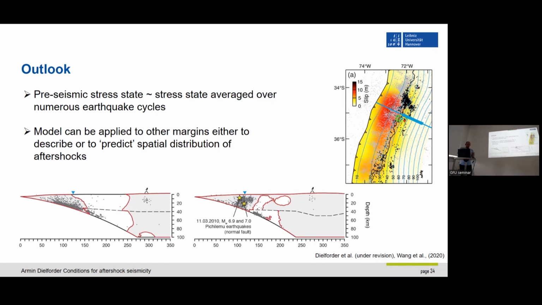What we see in the models is that if you just change the friction coefficient locally on a small scale, it has an almost negligible effect on the stress state in the upper plate. So you need really this big post-seismic effect, and afterwards you can modulate it.